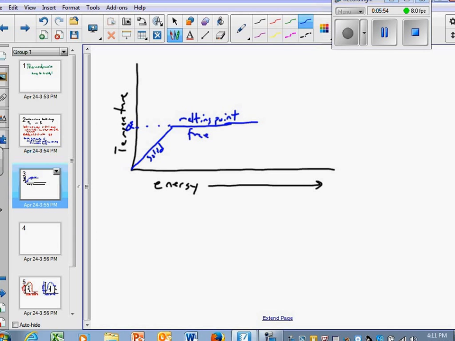The same thing is true for freezing. If I'm going in the other direction, I'm starting off hot and cooling it off, the temperature doesn't change until all of it is frozen. Okay? Then eventually, we have our whole thing melted, and we change temperature again.